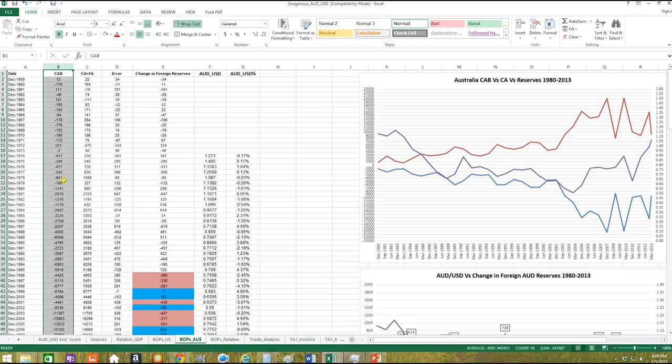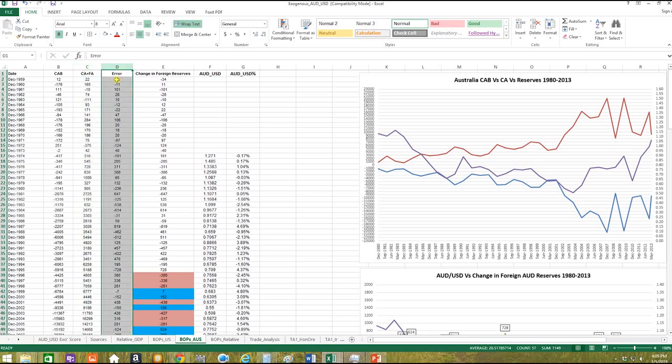In column B, we have the current account balance for Australia. In column C, we have the capital account. So the capital account in a wider definition, so capital account plus financial account. So we have that balance, and we have the error. So we have the difference between the two.